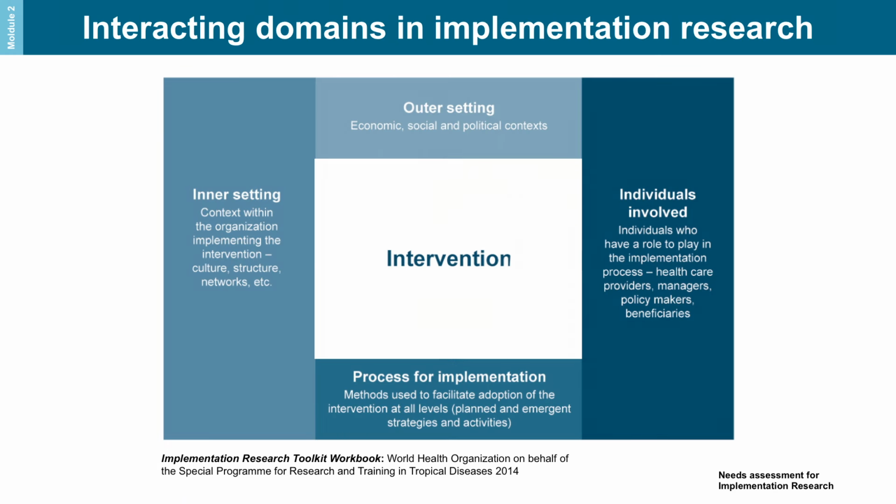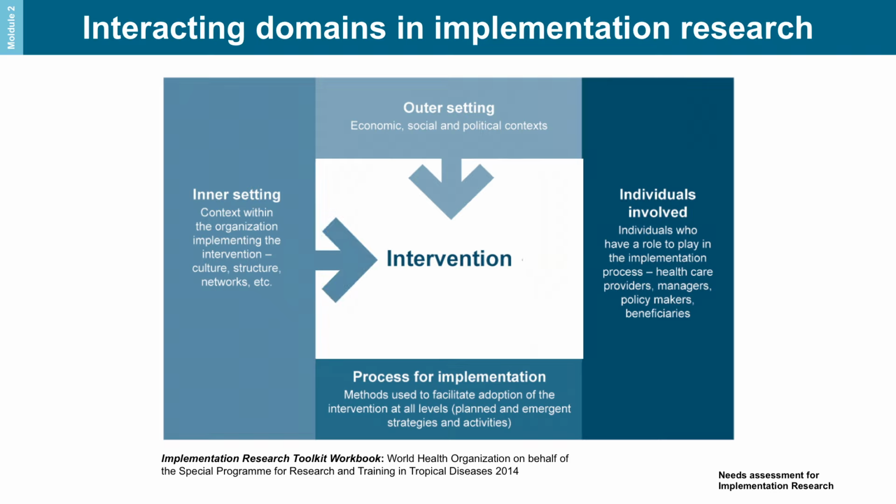One thing to remember about implementation research is that it's done in a context. And from the diagram, we can see that the context includes the outer setting, the broader social, political, and economic environment in which our programs operate.